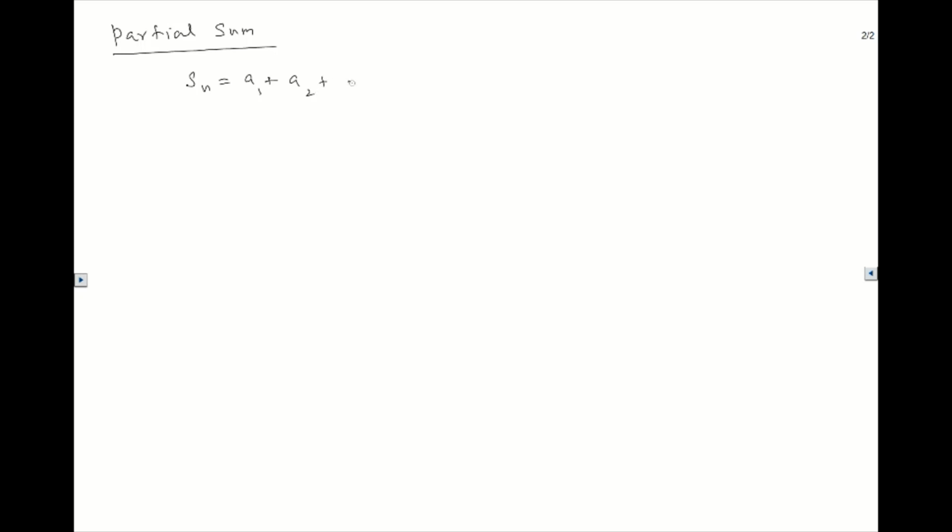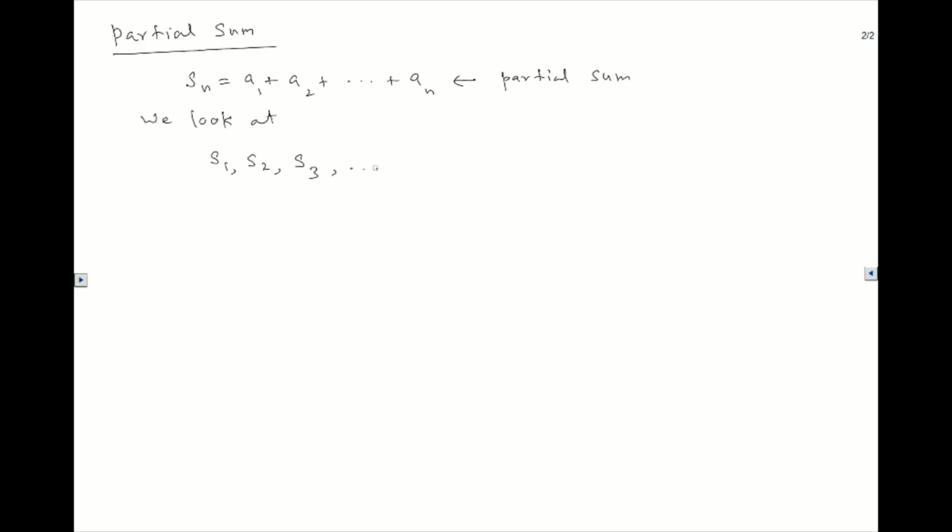So we add the first n terms, we call this Sn, and we call this a partial sum, the sum of the first n terms. So we define this, and then we look at the partial sums: S1, S2, S3, and you can see that this creates a sequence.